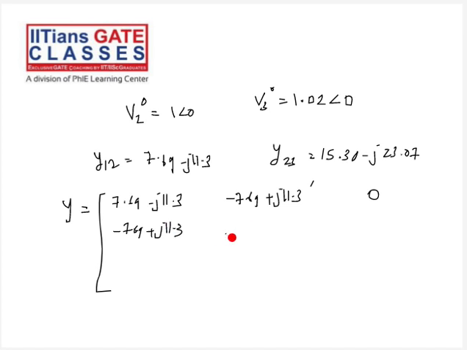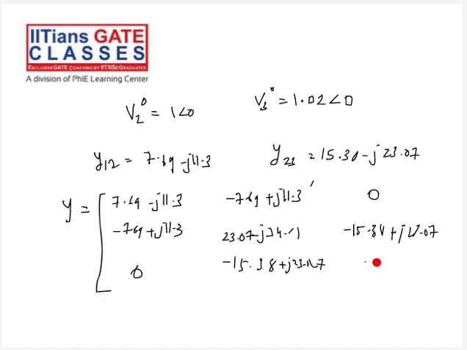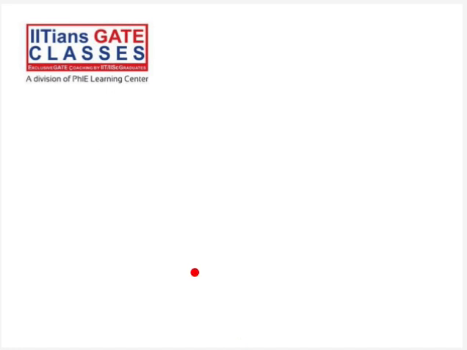Here we have both coming, so 23.07 minus j34.61, and minus 15.38 plus j23.07, and this would be 0, and this is minus 53.8 plus j23.07. Here 15.38 plus j23.07. So bus 1 is the slack bus, so we don't do anything.